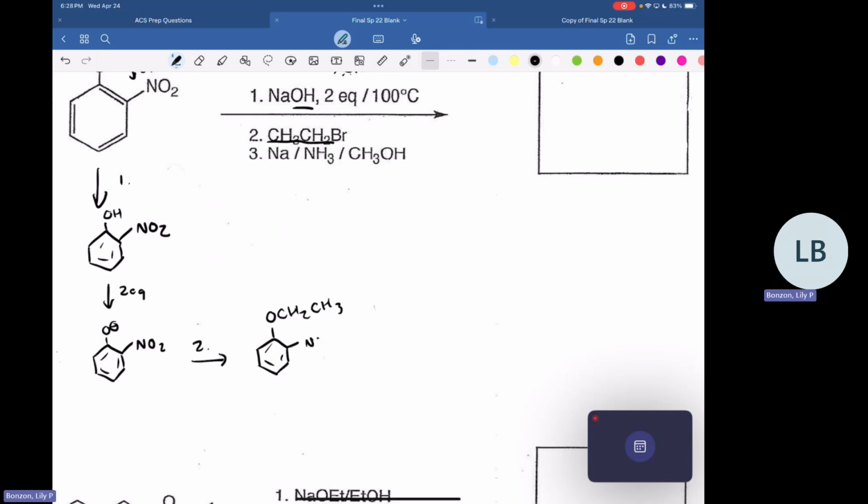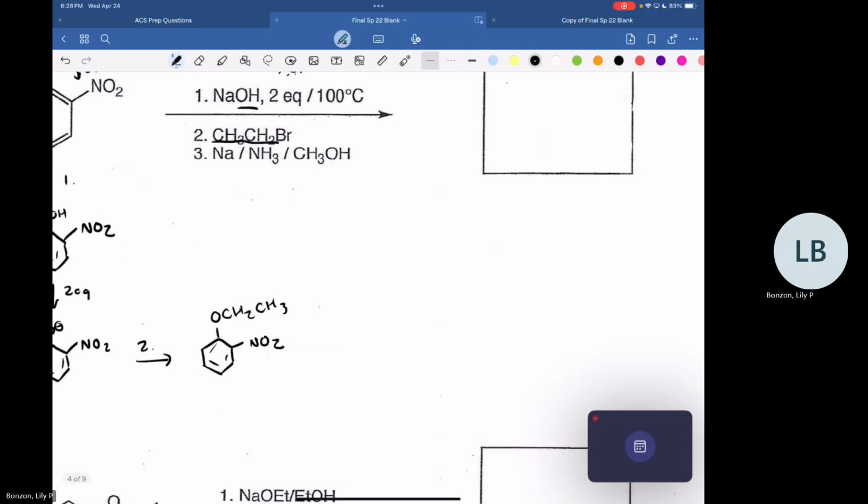1, 2. All right. And then step 3, this one is going to be our Birch reduction. This one is going to reduce the benzene to a diene. Just remember that the electron withdrawing groups are going to be the ones that go to the sp3 carbon, so they're going to be the ones that are reduced.